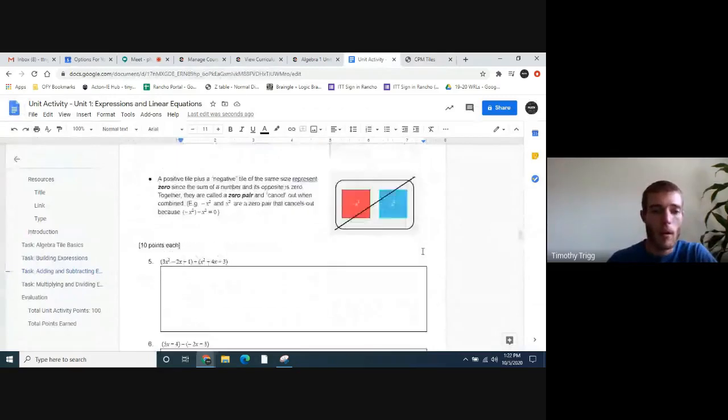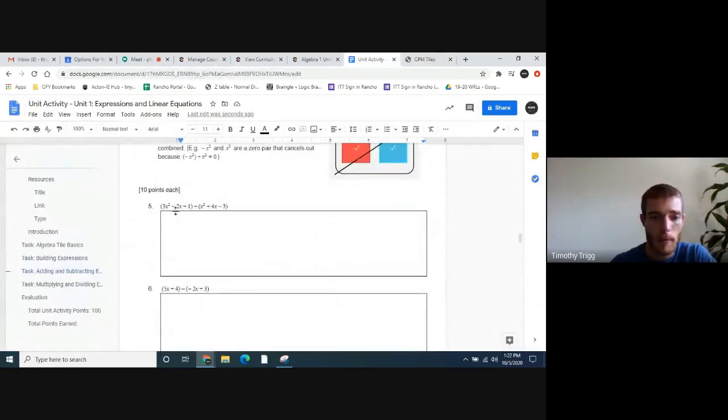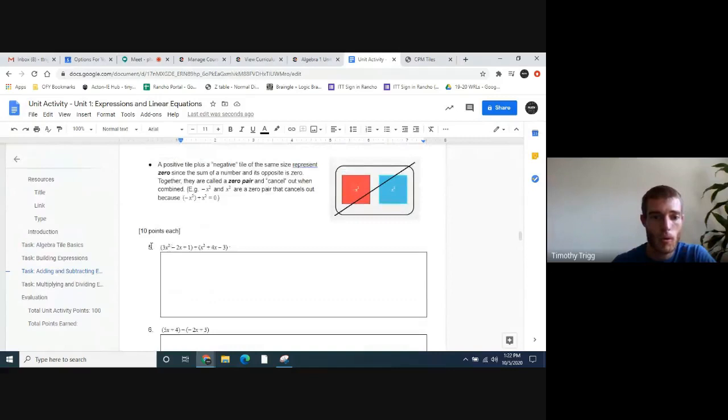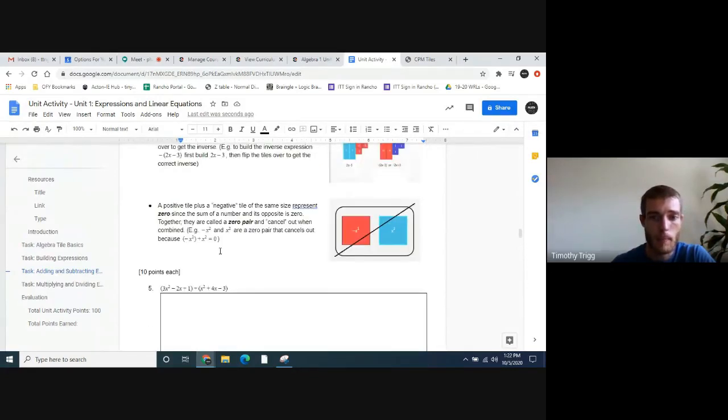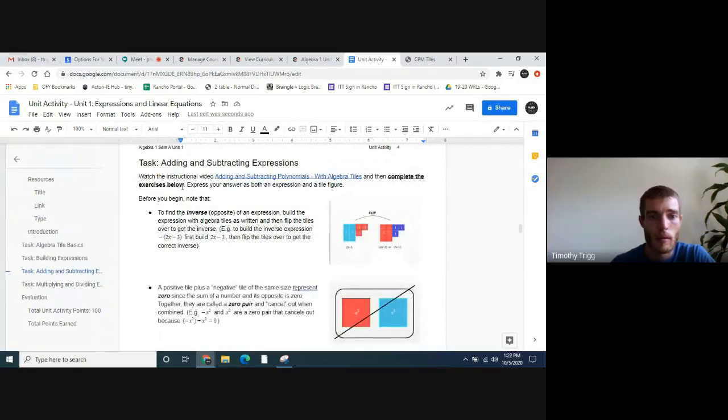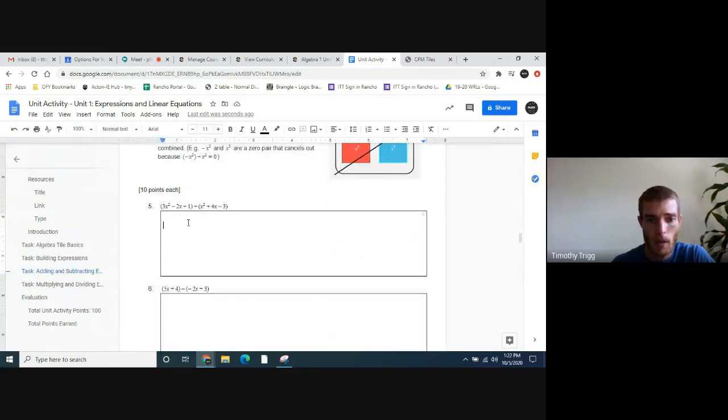Okay, now for this one, so what we need to do is we need to add these two polynomials together. So you see how it says 3x squared minus 2x plus 1? Let's start with that.